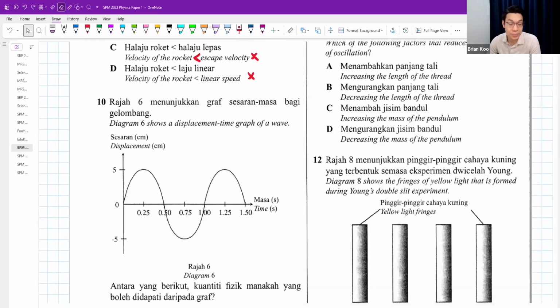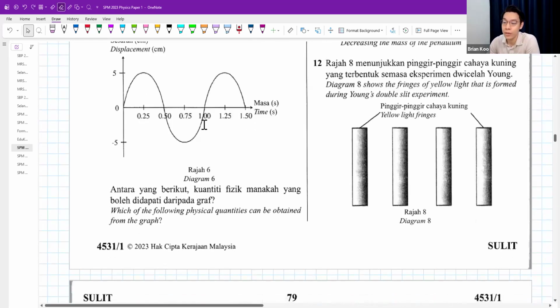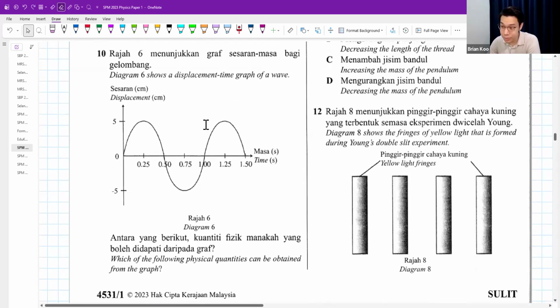Question 10. Diagram 6 shows a displacement-time graph of a wave. Which of the following physical quantities can be obtained from the graph? This is 5.1, your graph basics.